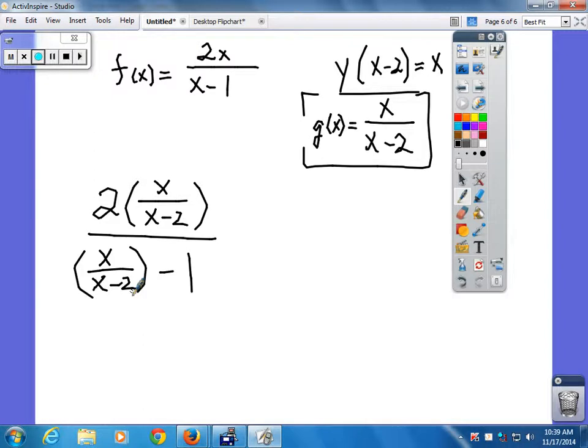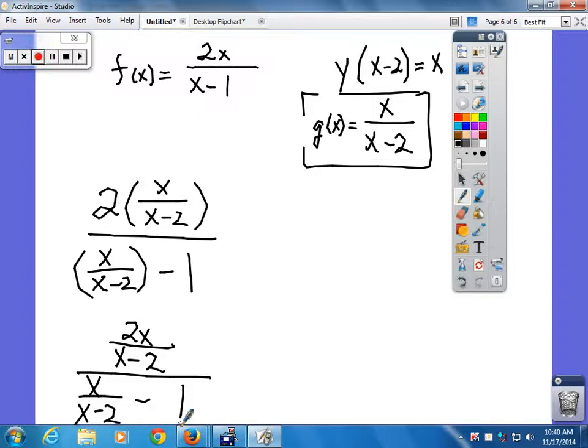So I'm going to multiply this over here. 2x over X minus 2 over X minus 2 minus 1. Now we have a complex rational expression. Complex rational expression means that we got to do some clearing.